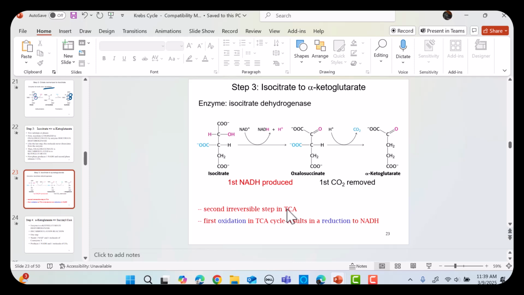So I won't take up any of your brain cells with it. But just know there is an intermediate in there because I do these two things. I oxidize while I reduce NAD to NADH. Then I decarboxylate. I take a carbon dioxide off. Again, carbon dioxide is not super important, other than tells me how many carbons.